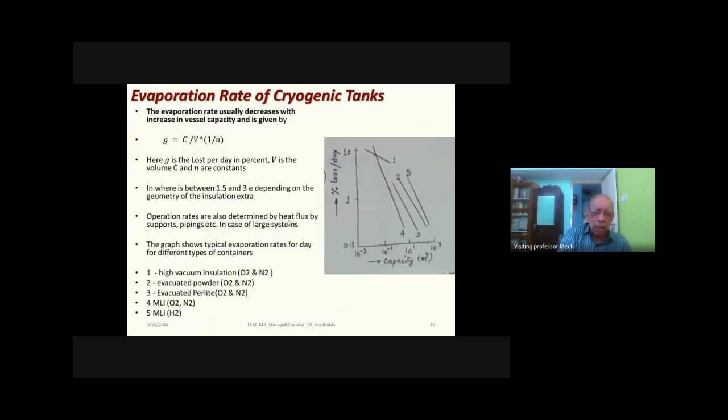Here G is the quantity which is lost per day in terms of percentage, V is the volume, and C and n are constants. You can see here there is a plot of percentage loss. The y-axis is in logarithmic scale, and the x-axis also is in logarithmic scale, so you have straight lines, 1, 2, 3, 4, etc. That's what you get.